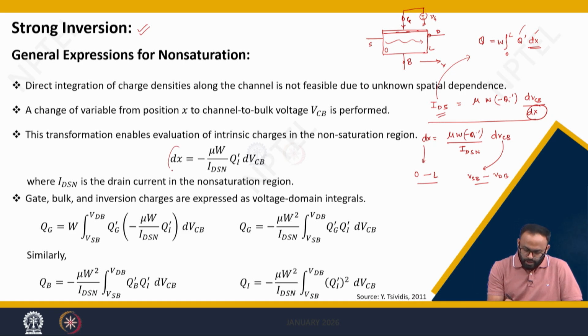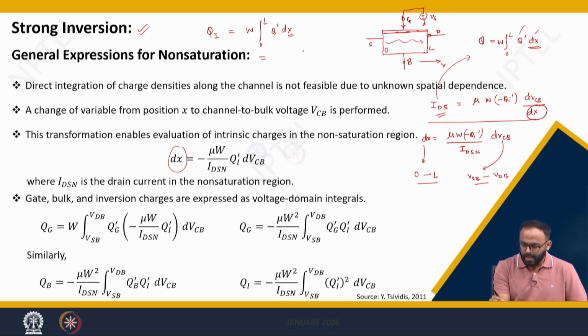So, using this variable of dx, we can simply find out the charges we have defined in the previous lecture. That is, if I want to calculate the total inversion charge, I can simply calculate it as W into the integral from 0 to L of Qi dash dx. So, this variable we are changing in terms of VCB.